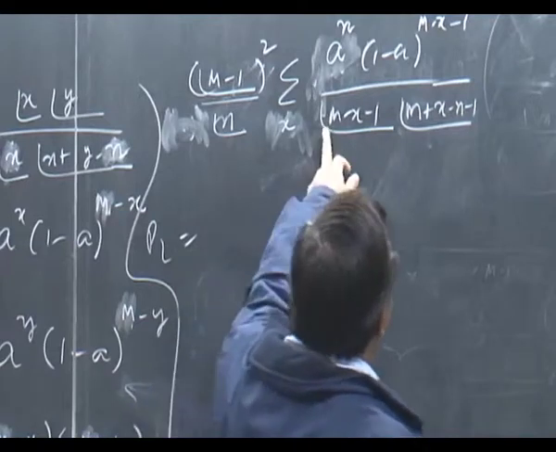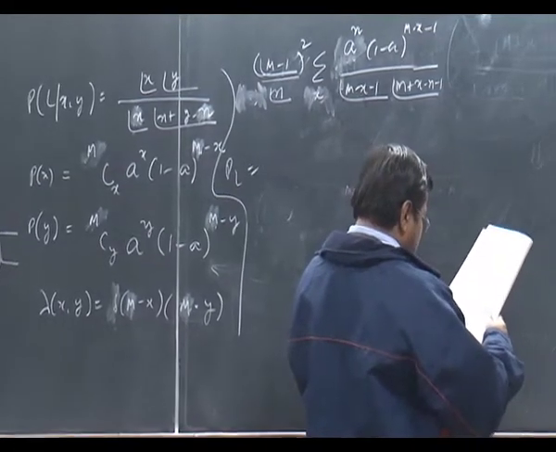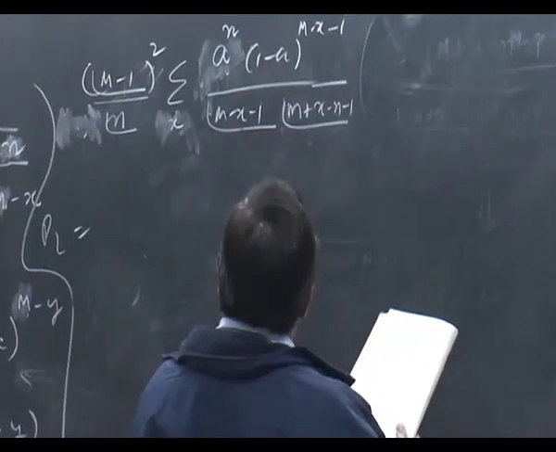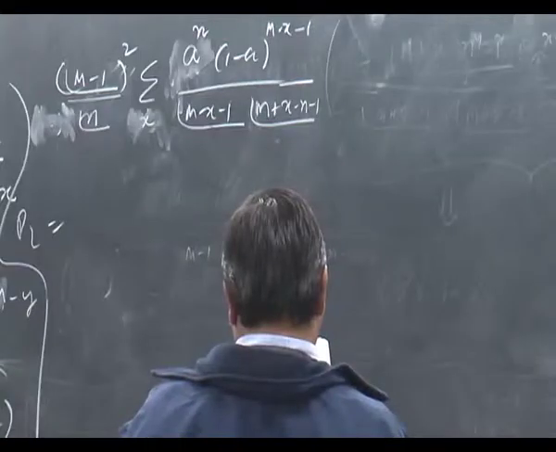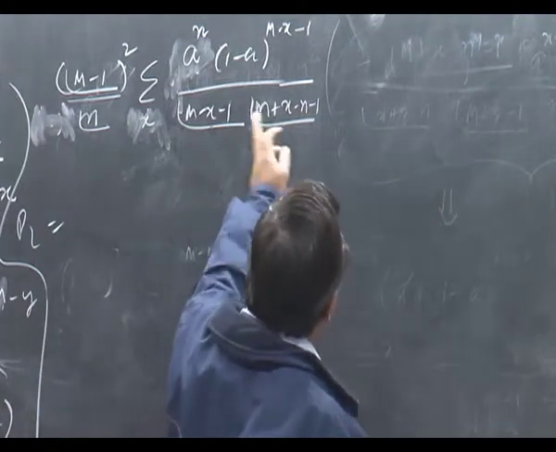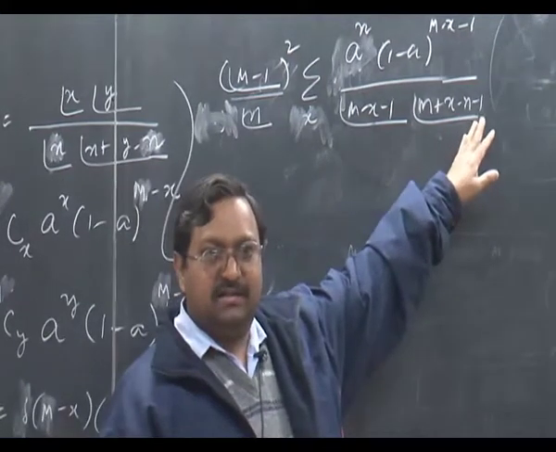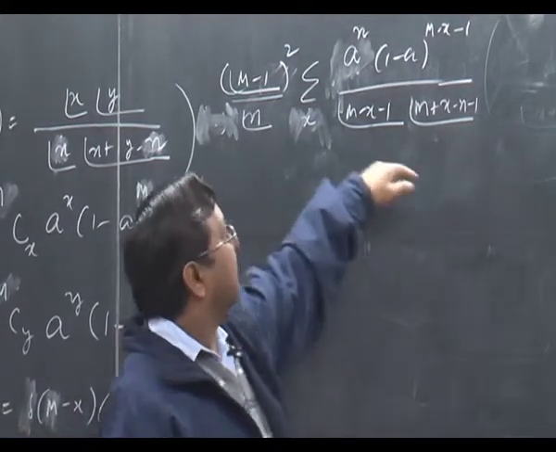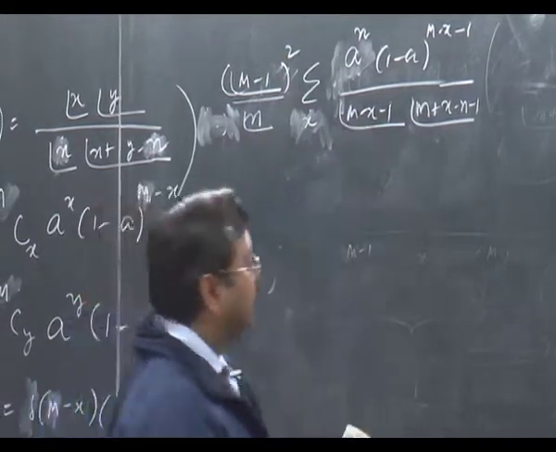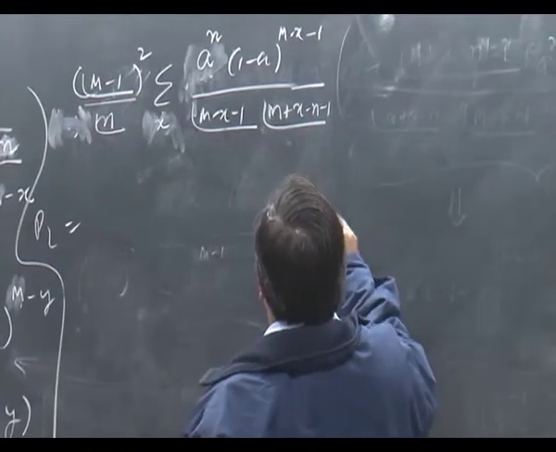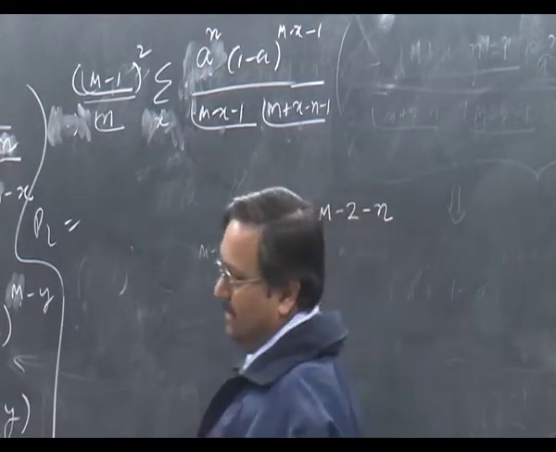Now, if I add m minus x minus 1 and this m plus x minus n minus 1, if I add these two, again I will get a range of x by keeping this as 0 and then this as 0. So the sum of these two is how much? 2 of m, x will cancel, minus 2 minus n.